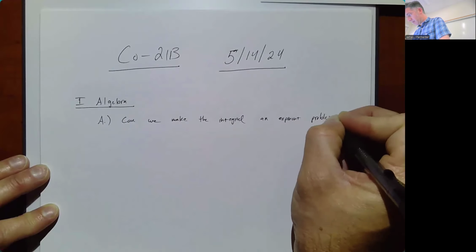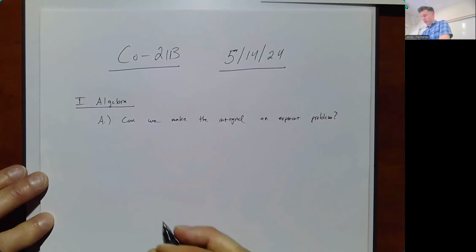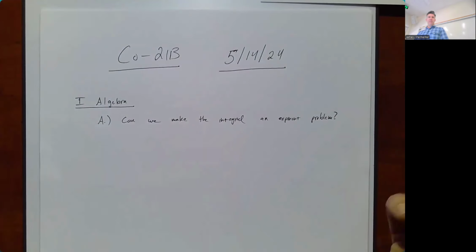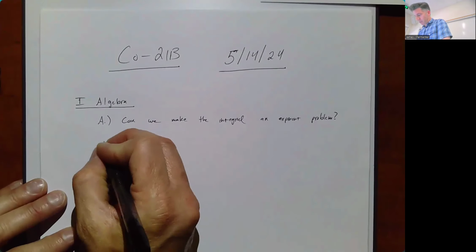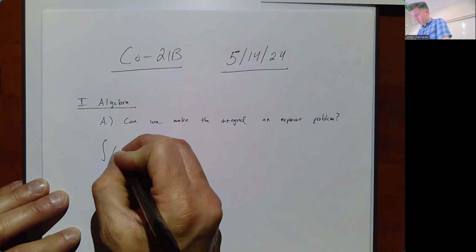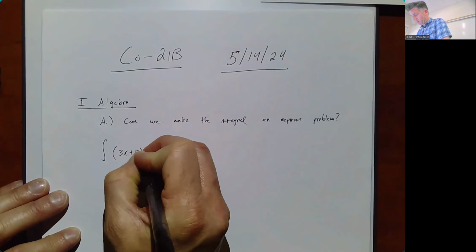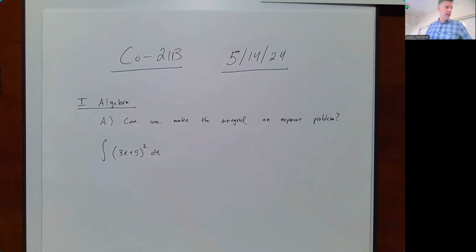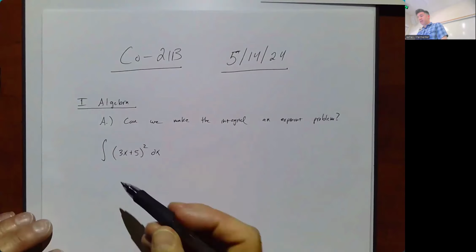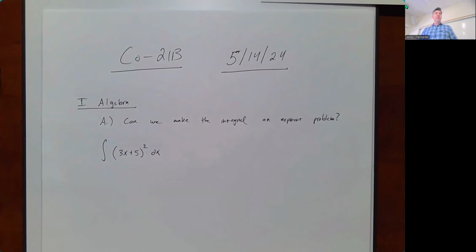So something like this, and I'm going to change the example slightly from what they have here, so that you can also have those examples to refer to, and the ones right here will be a little bit different. You could have something like, for example, the integral of (3x plus 5) squared. Let's start with that. In this case, we can just multiply it out.